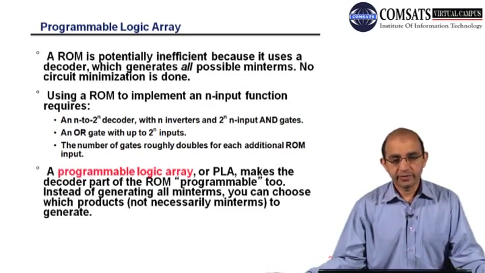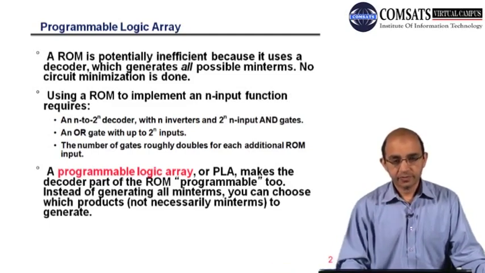That's the place where we will try to achieve the required efficiency. We will generate only the minterms that are required. On the other side, if we use a decoder, it generates all the possible combinations or all the minterms, even those that are not being used.